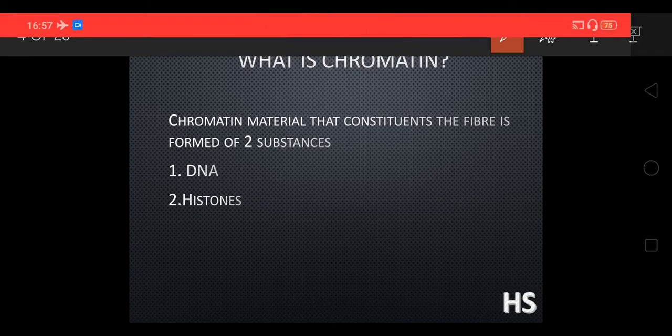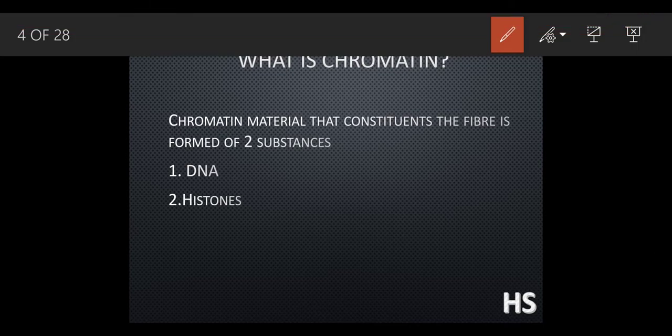Chromatin material that constitutes the fiber is formed of two substances: DNA and histones. The word DNA means deoxyribonucleic acid. Histones are a particular set of proteins.